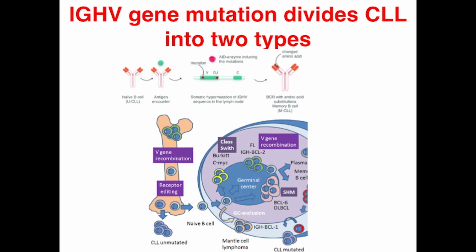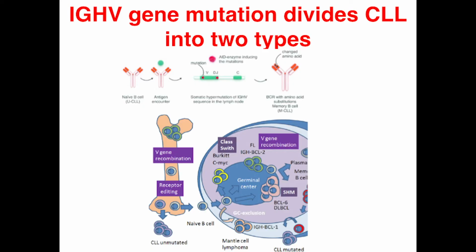This is a process called somatic mutation, but what it means is that there are essentially two major subtypes of CLL. Those with the unmutated immunoglobulin receptor, we call IGHV unmutated, or the B cell receptor mutated, call it IGHV mutated.